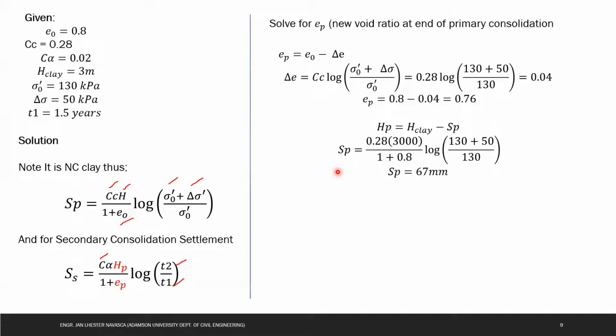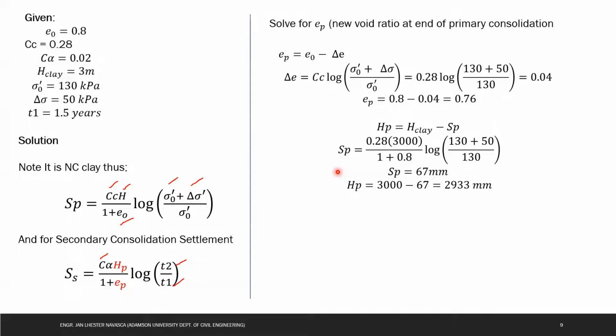After consolidating 67 millimeters in the primary consolidation, the new thickness of the clay layer is 3,000 minus 67 millimeters, or 3 meters minus 67 millimeters. That is simply 2,933 millimeters.